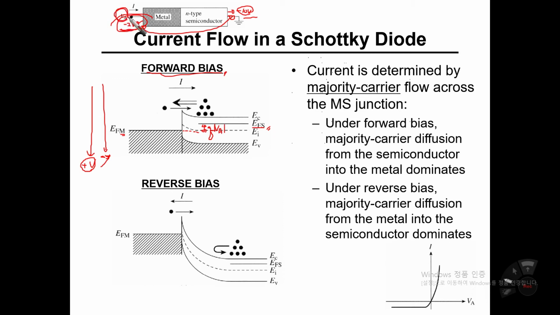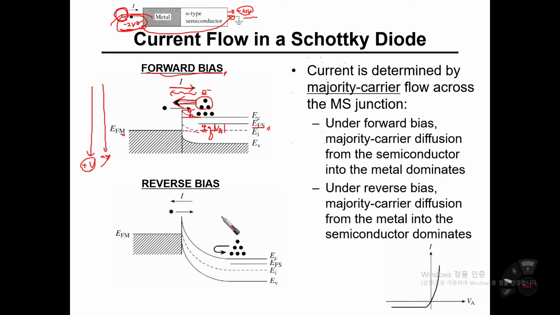Now the metal side is forward biased, so the energy barrier height has been lowered. In other words, those electrons in the conduction band in the semiconductor can easily diffuse into the metal side. Since the electrons are now moving from right to left, the current is flowing from left to right.